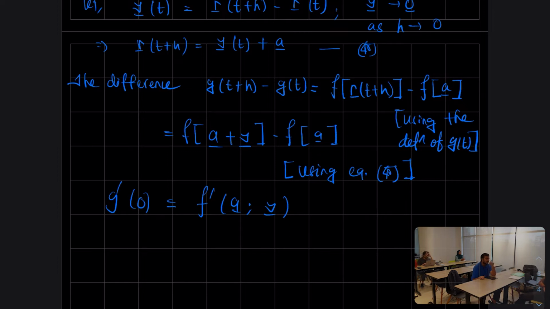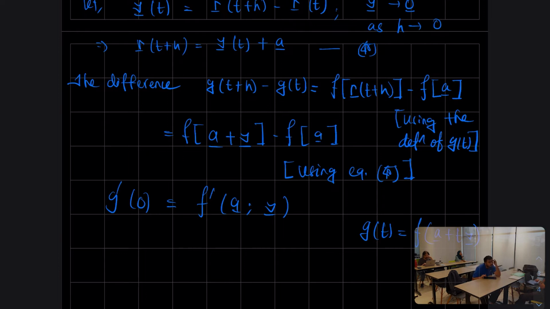I think we have to define another open interval. There we defined g of t to be f of, how did we define that one? A plus ty. Didn't we define it this way? But here it's not the same. So if we call this h, I don't think there is a problem.